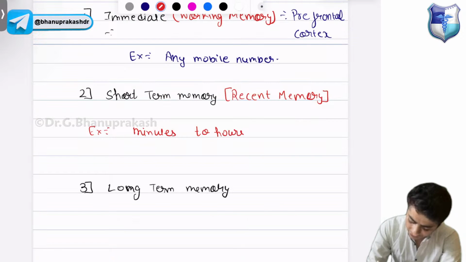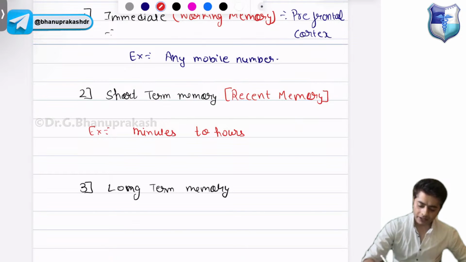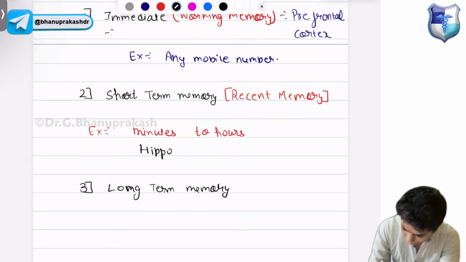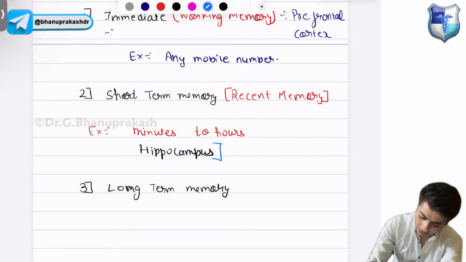Can anyone tell me what is the center for short-term memory in your brain? It is the hippocampus.